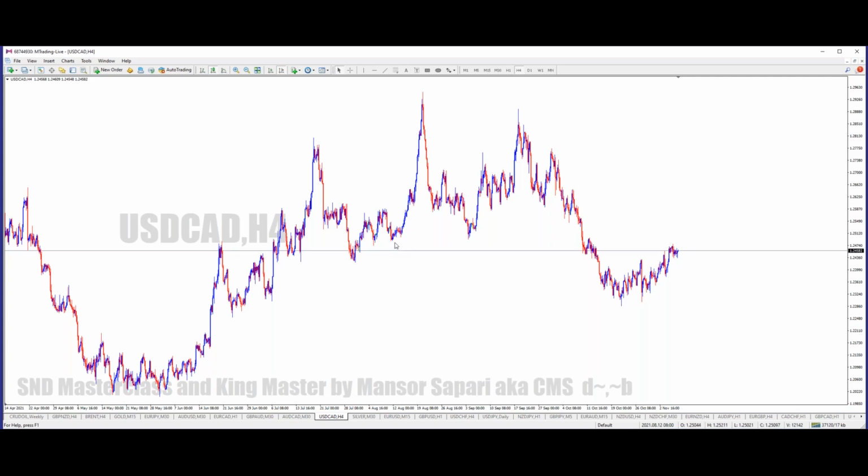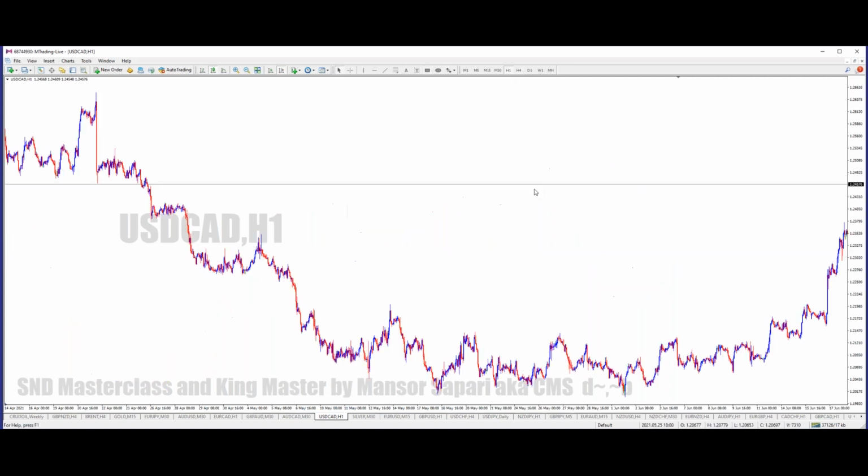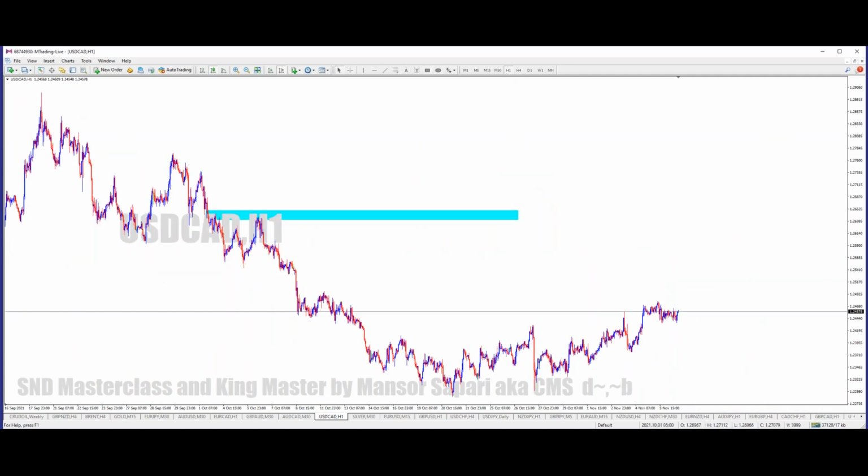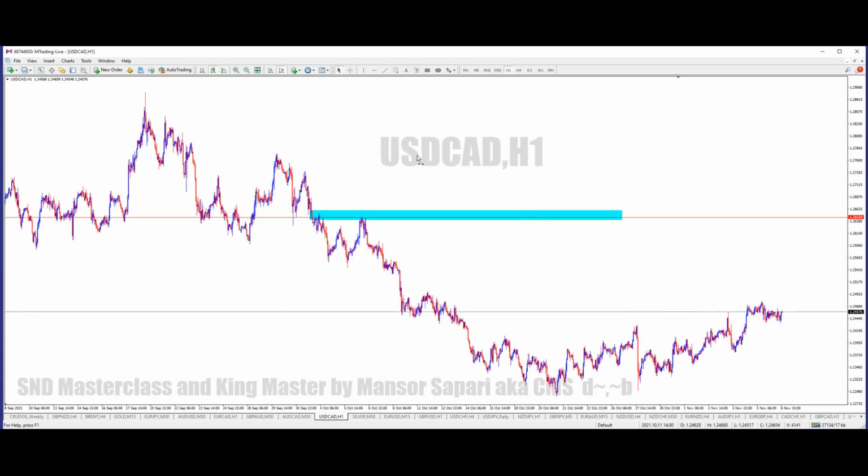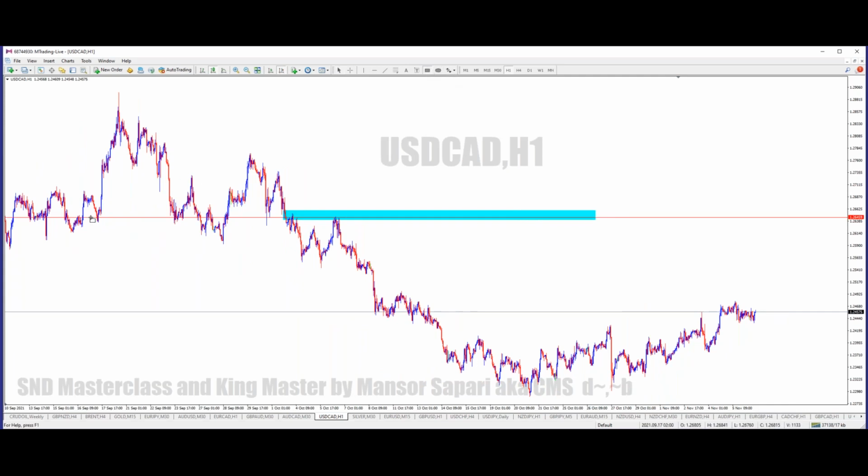A drop. Example of a drop base drop. Okay, we got another one over here. This is H4. If you can see over here, we have support and a lot of support. The first thing when you look at the market, always look for support, significant support.